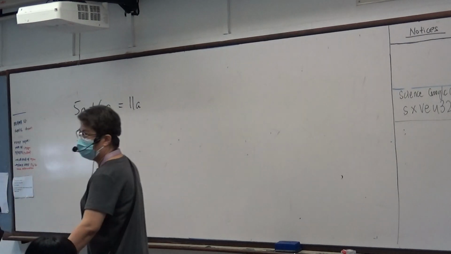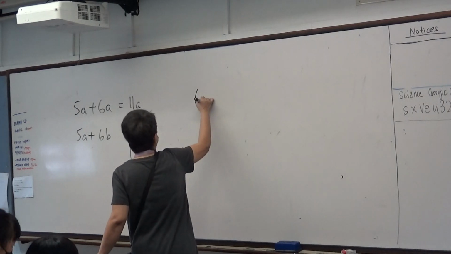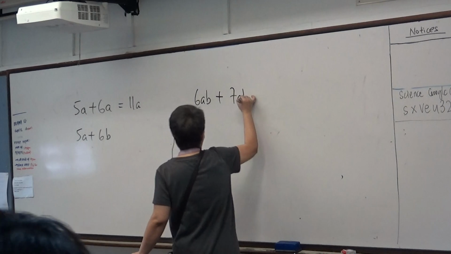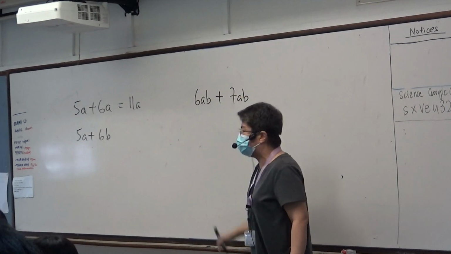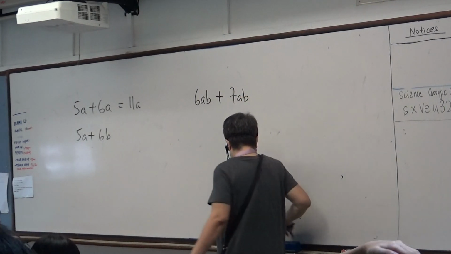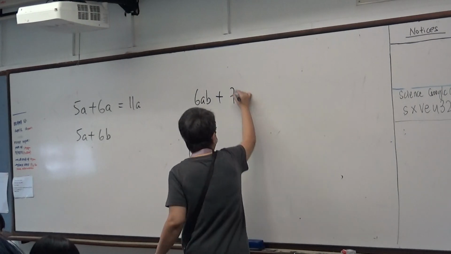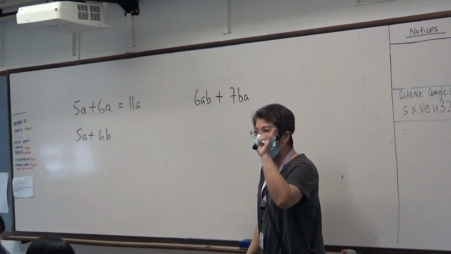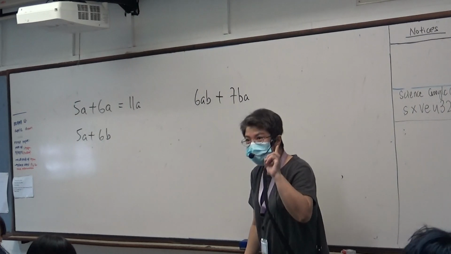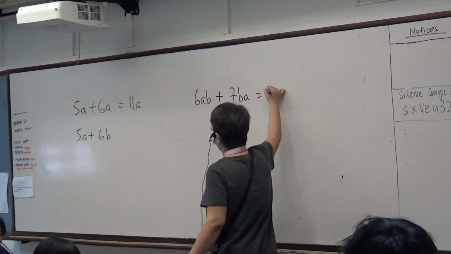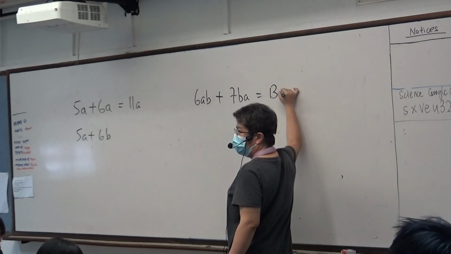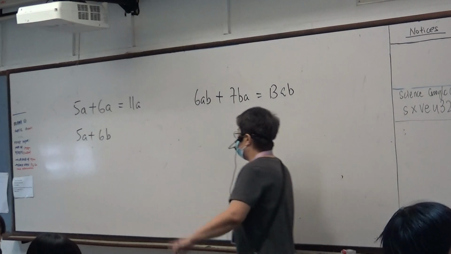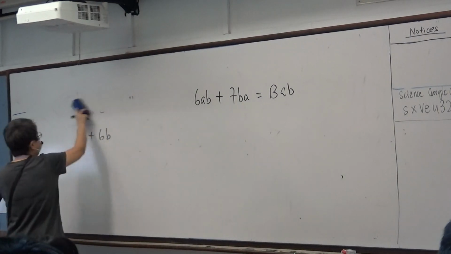Then I'm going to ask you... are the same. Okay? So what is this? 13 what? A, B or A, up to you. Everybody clear? Okay, then comes the important part of algebra.